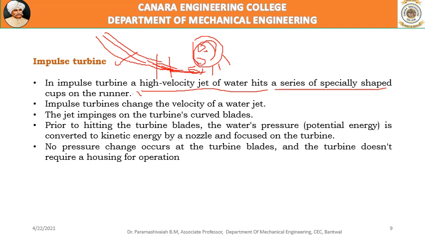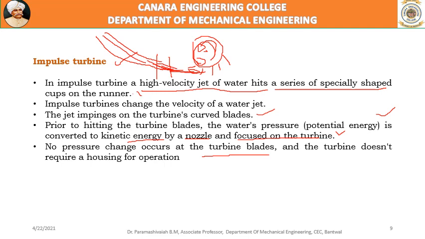So the jet impinges on the turbine blades, which are curved in shape. Prior to hitting the turbine, as I told you, water pressure or potential energy is converted into kinetic energy by a nozzle, and that high velocity jet is focused onto the blades of the turbine. Okay. So no pressure change occurs at the turbine in this case.